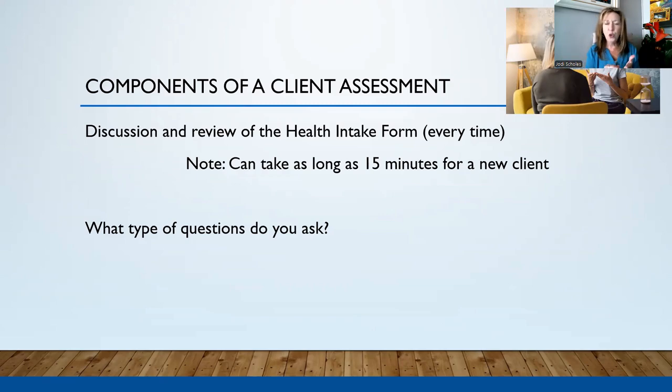They don't have to fill out a new health intake form every time, but we are going to have it available, or if it's not available for some reason, we are still going to do an intake every time. It doesn't matter if it's the same stuff on a different day. We are still going to say, how's your body feeling today? Every time. And for a new client, this can be 15 minutes or so to accurately go through their health history.